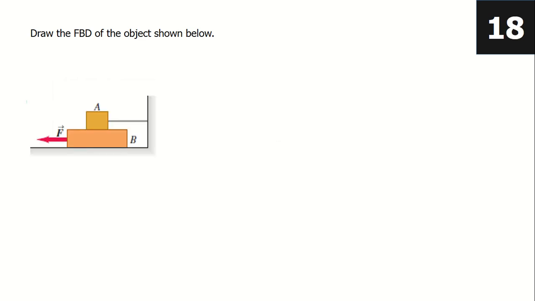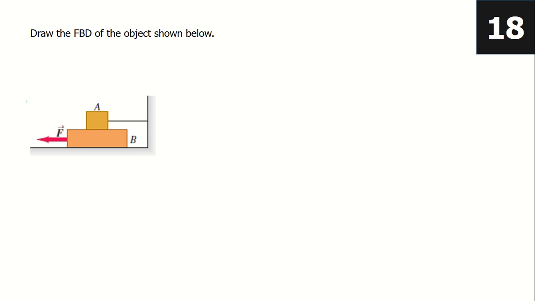Okay, so on item 18, we have two masses, object B and object A. Object A is smaller and it is on top of object B. Object A is also attached to a string on its right side. It's attached to the wall through a string on its right side.